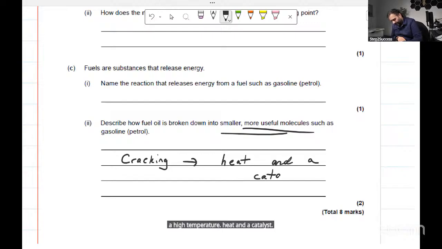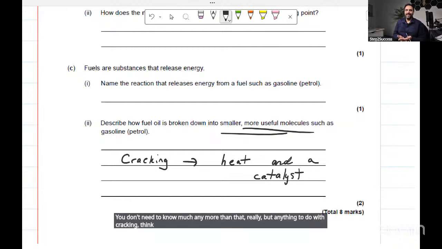You don't need to know much more than that, really. But anything to do with cracking, think high temperature, heat, and a catalyst. But make sure you know what cracking is. It is when we take a long hydrocarbon and make it into smaller ones, because the smaller ones are more useful to us, mainly because they burn better than the longer ones.